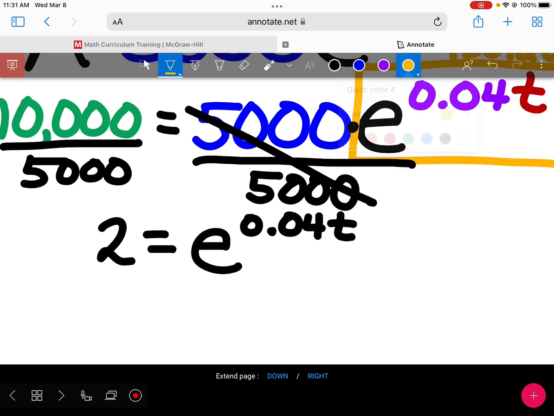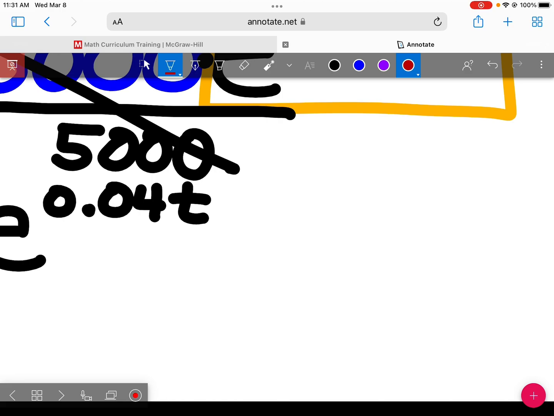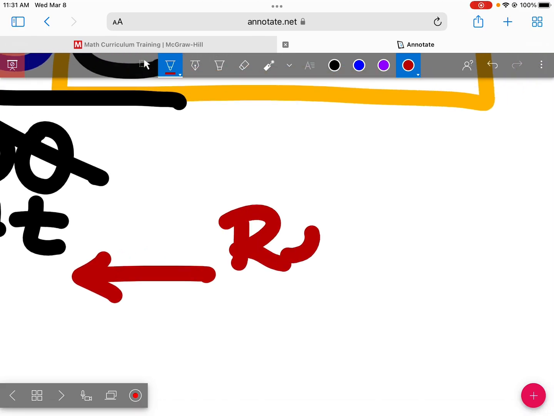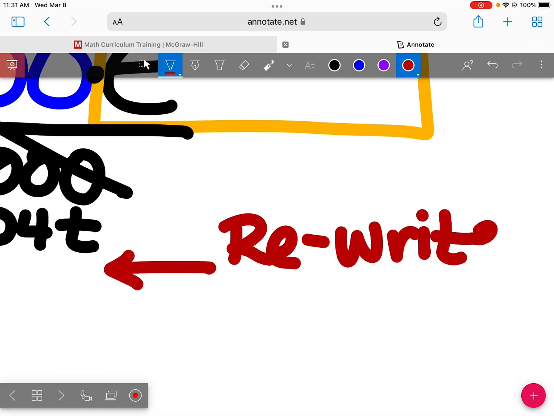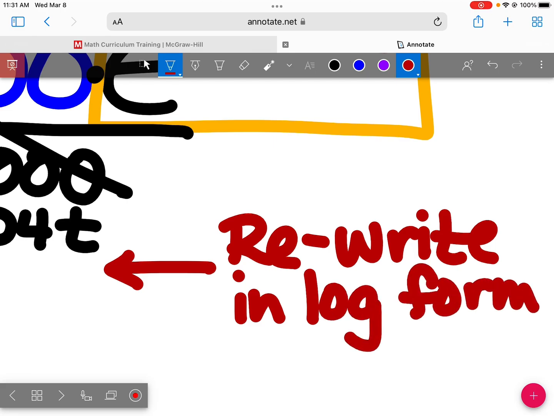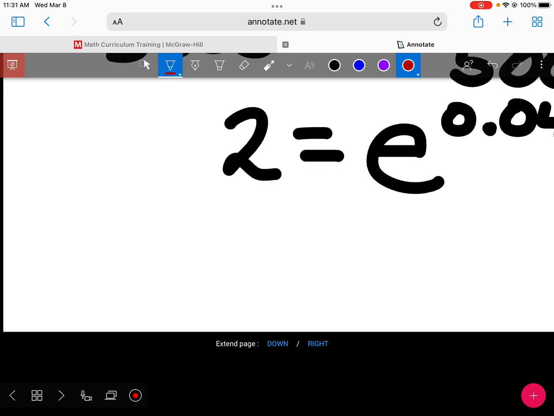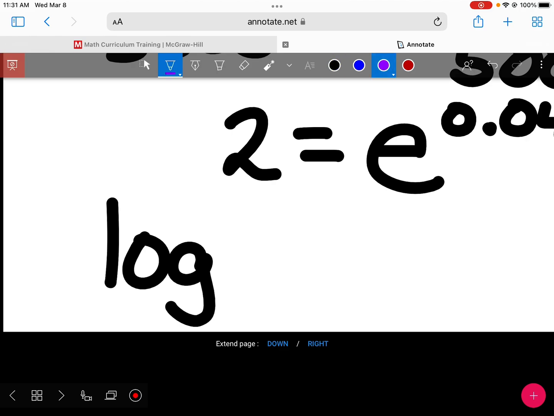All right, have I isolated the base with its exponent? Then what do we do after that? How do I get an exponent on a side by itself? What form is it in right now? Turn it into log form. Yes, we're going to rewrite in log form. What does log form have to start with? LOG. What comes after the G?